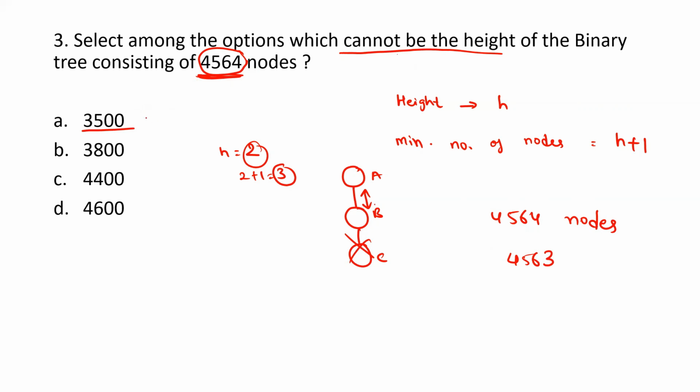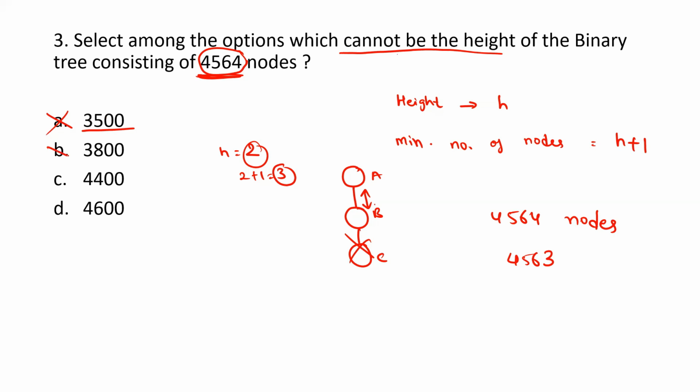Yes, it can be, because when you are having 4,000 plus nodes and your height is 3,500, which is obviously less than 4,563, then this option will not be the solution, because this is a valid height. You may construct a tree consisting of height 3,500 with number of nodes as 4,564.